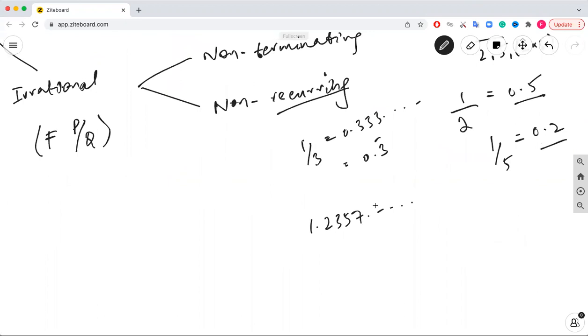It is not terminating, and this is an irrational number. Okay, so square roots of prime numbers are also irrational. We have 2, we have 3, we have 5, we have 7, and in some cases non-prime numbers as well. We have 6. These are all non-recurring numbers.